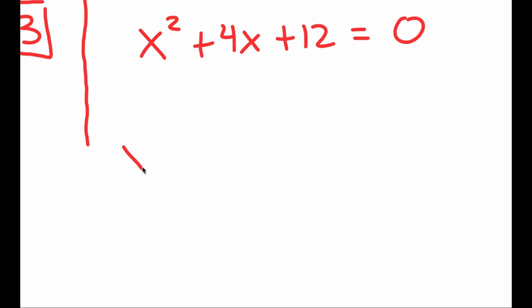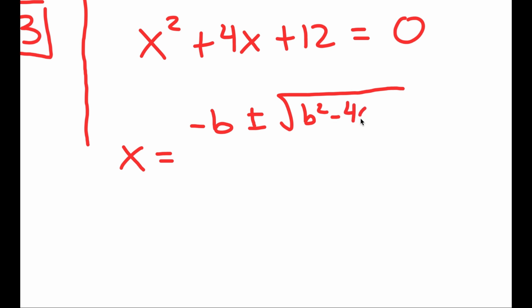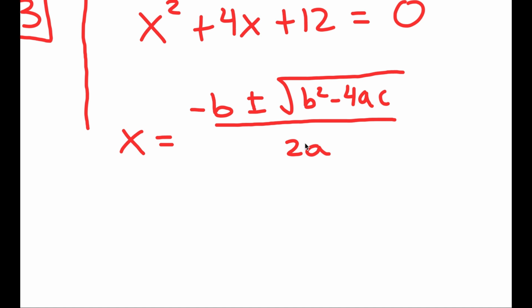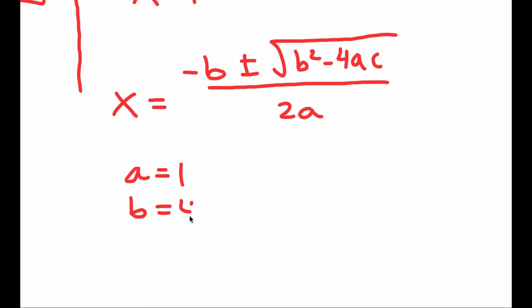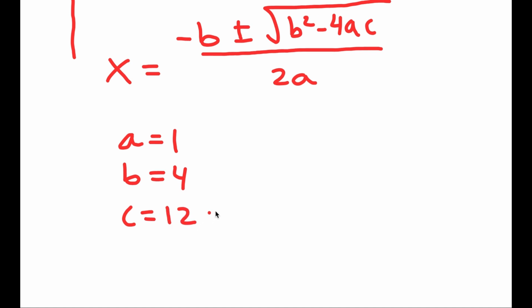So to solve this, I'm going to be using the quadratic formula, which, as a refresher, is negative b plus or minus the square root of b squared minus 4ac all over 2a. So in this case, a is 1, b is 4, and c is 12.